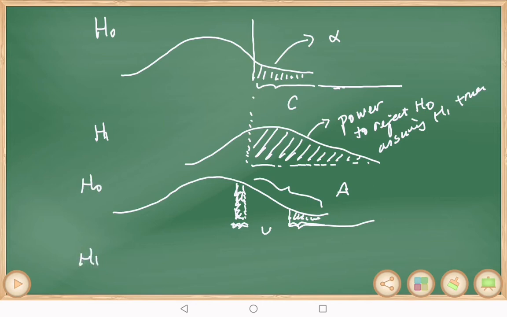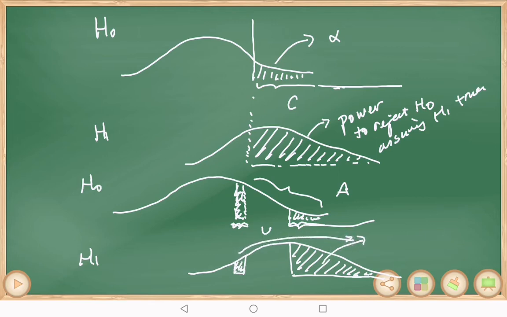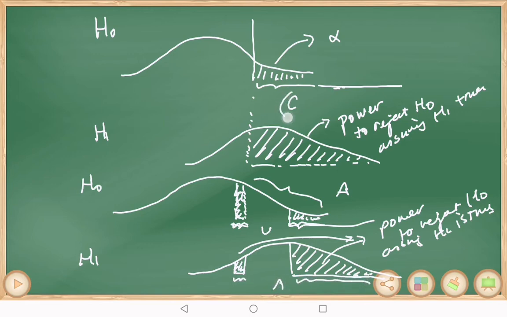Let's look at the distribution under the specific alternative. Over here, the power would be made up of this part plus this part, right? So this plus this would give us the power to reject H naught, assuming H1 is true. But this is for the critical region A, and this is for the critical region C.